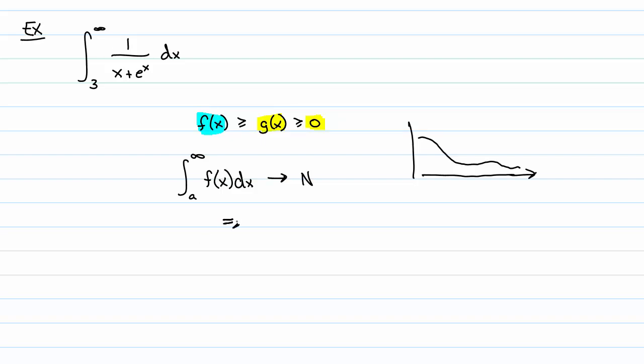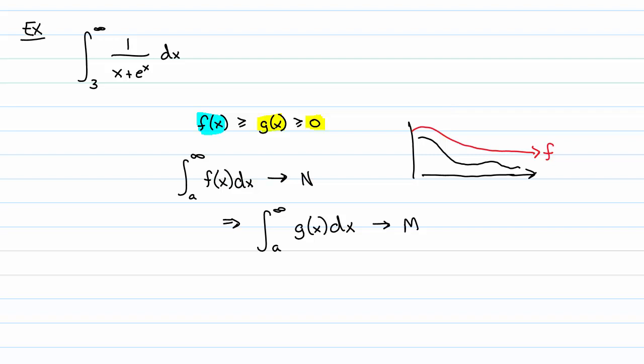So that would imply the area from a to infinity underneath the curve g also has to be contained. It will likely not approach the same number, but it'll at least be finite and approach some finite number. Again, if the red curve that I'm about to draw represents f, and g is always below it, but f is finite, then g must be finite as well.